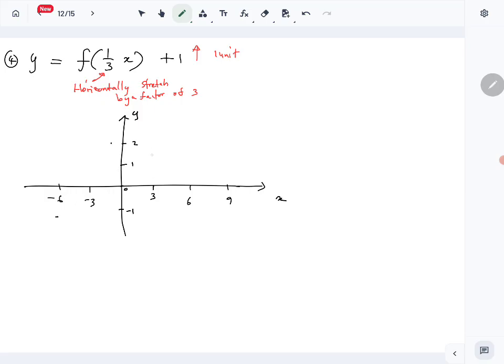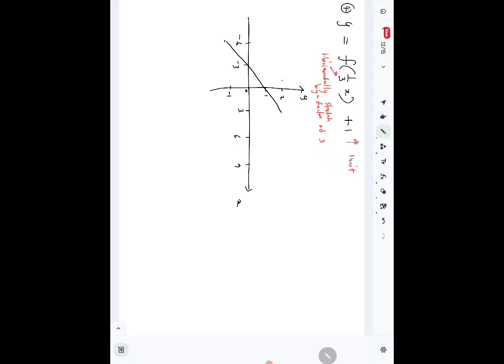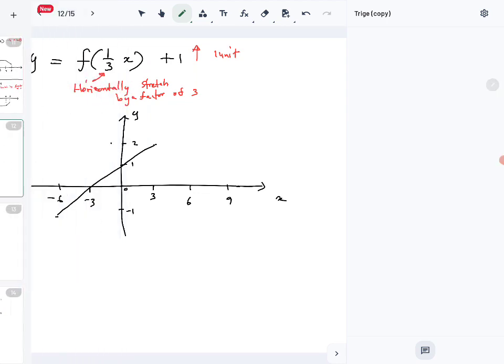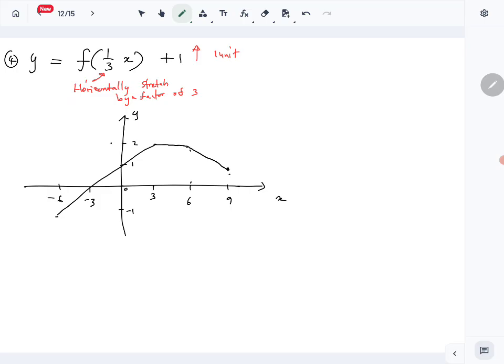Have to go to there, right? Then you go from there 2 to 3 to 6 like that. Then 3 to 9 like that, right? So this is what? This is y equals f of 1/3 x, right? So stretching part is done.